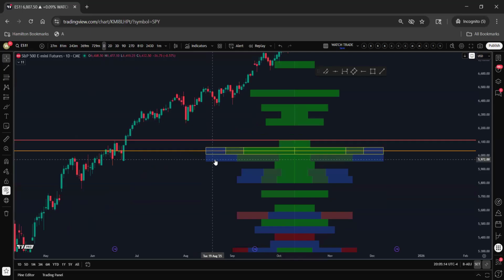Blue represents the same roller coaster ride that I showed you, where blue is the start of bearishness. So here we have some bearishness developing at this level. We can see where bears are forming, but bulls are stronger. Green is bullish, confirmed bullish, and the bright green is early bullishness.